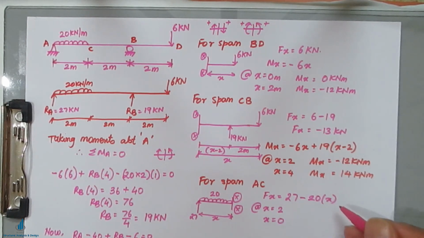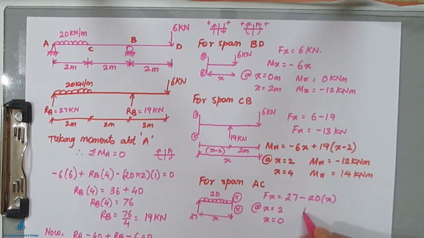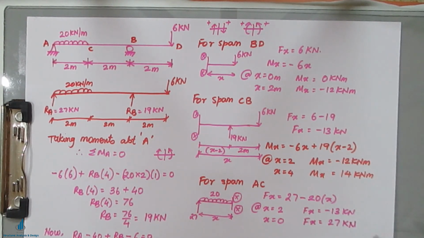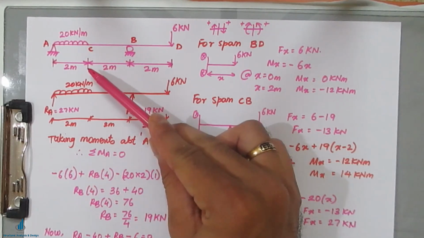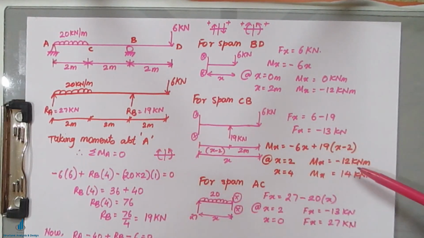At x equal to 2, if you substitute here, you will get Fx equal to minus 13 kilonewton, and at x equal to 0, Fx will be 27 kilonewton. Now you can compare. The value here was minus 13 and this is also minus 13, and then it becomes 27 kilonewton. That's why I have taken 2 at the top.